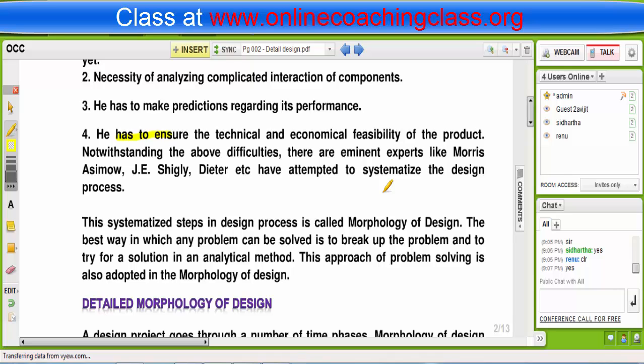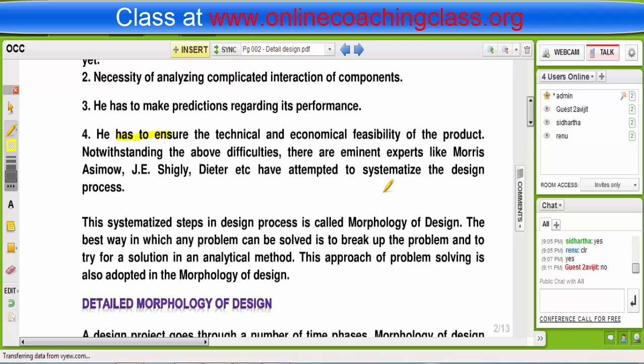Now you are a design engineer. You know your goal, that you have to invent this thing. But is it possible for only one person to do everything? No. You need help, and you need help in a proper, systematic way.